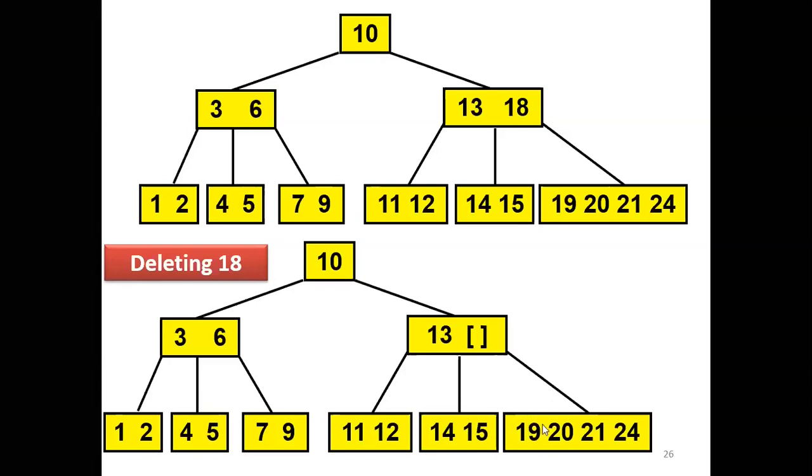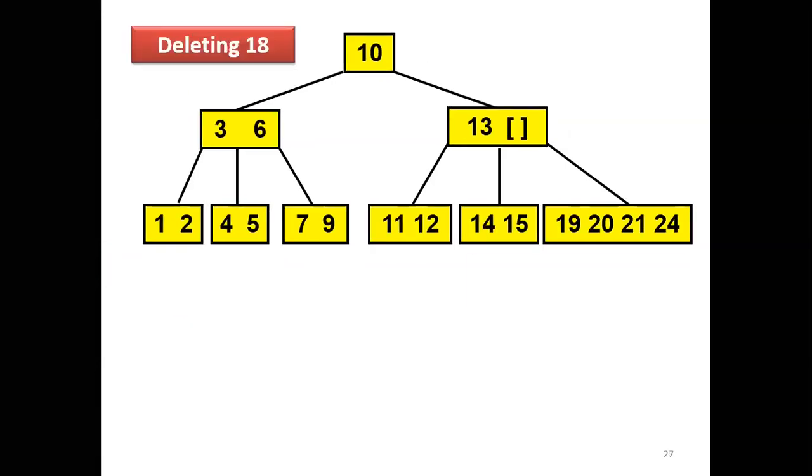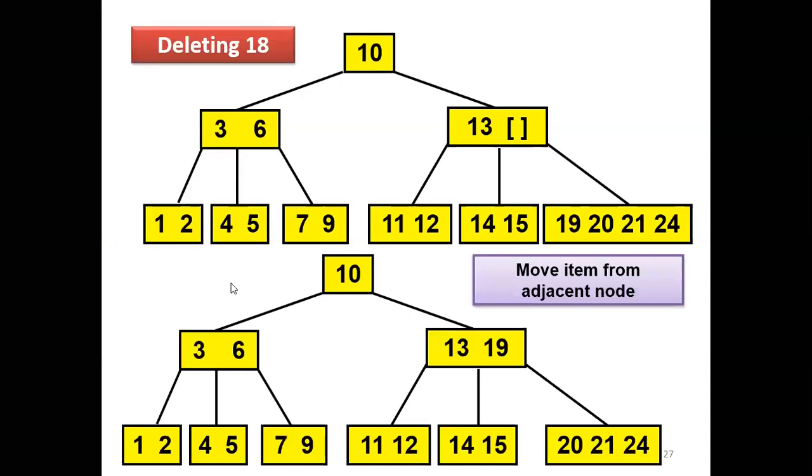So if we borrow 19 from this place, put it here, then we have 20, 21, and 24. And that will restore these to B tree properties. So if we move forward, we're going to have 19 coming up to this place, 20, 21 at this place.